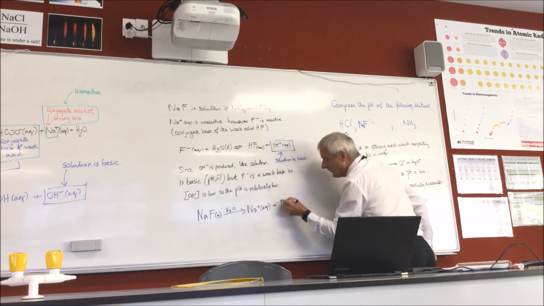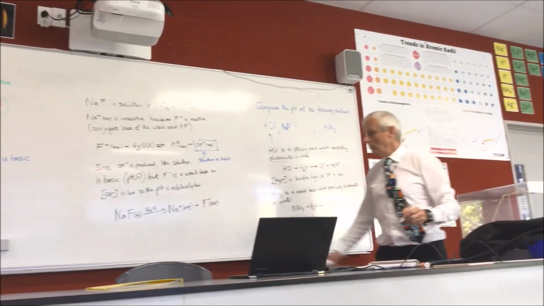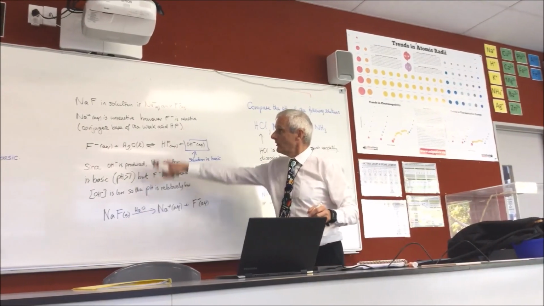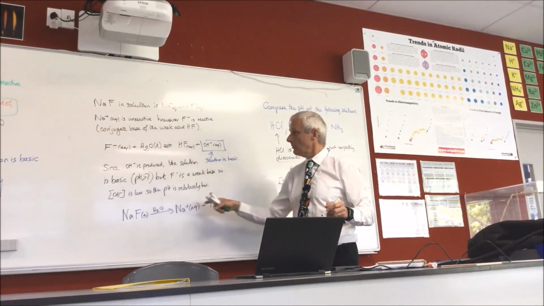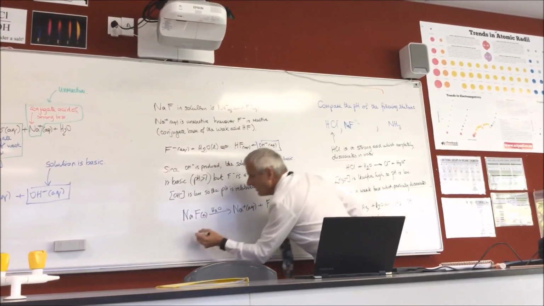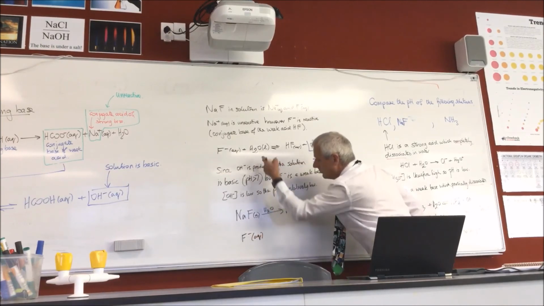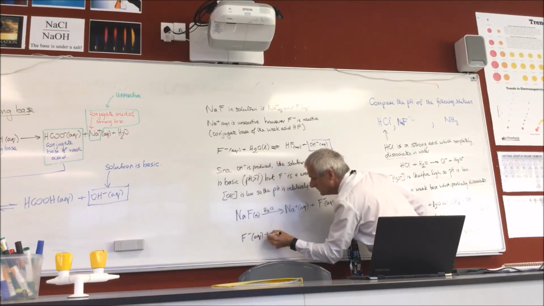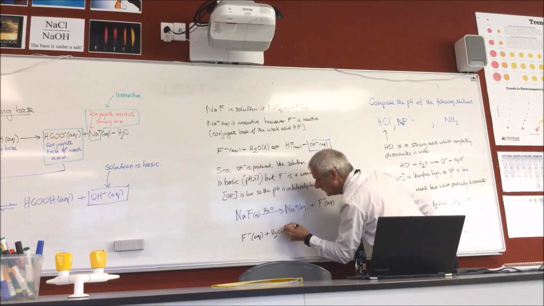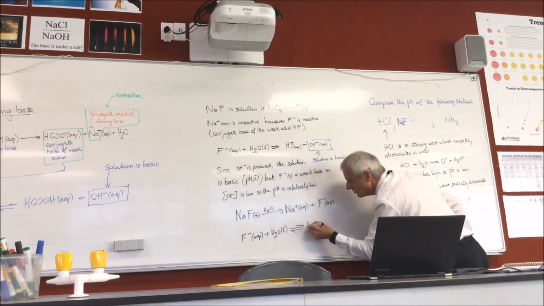So that's our first equation. Remember, this doesn't do anything. We've said there, it's unreactive. So that's our first thing when it's dissolved up. But this does. So that now reacts with water, as I put above. And so that's the two equations together.